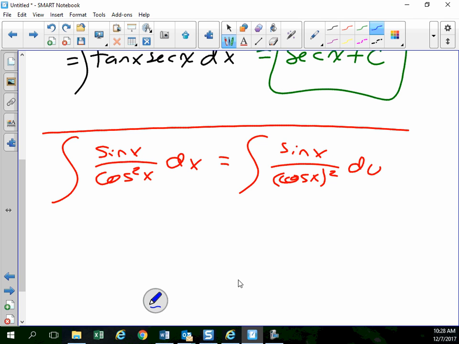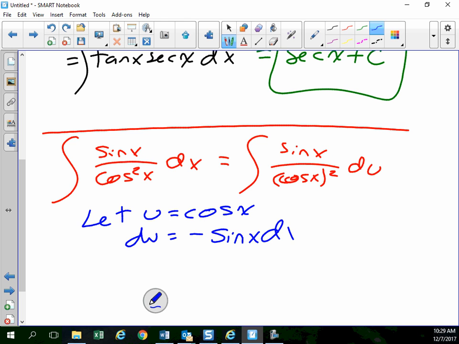Because you have a cosine squared on the bottom, that's your quantity squared. Let U equal what? Then what's du? Do I have that? Sort of. The only thing I'm missing is what?